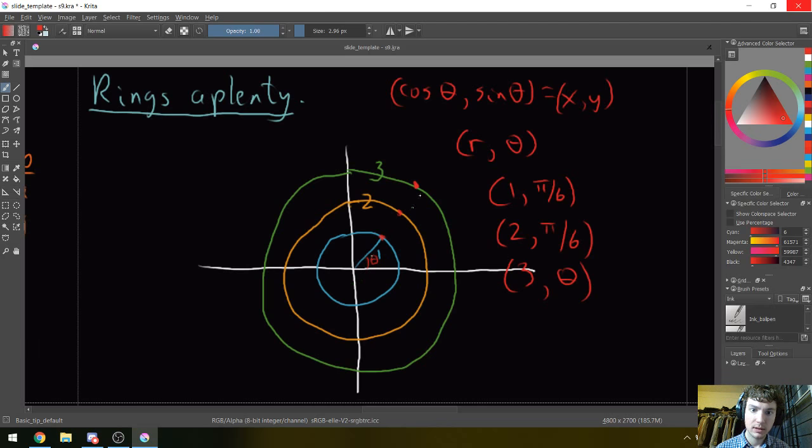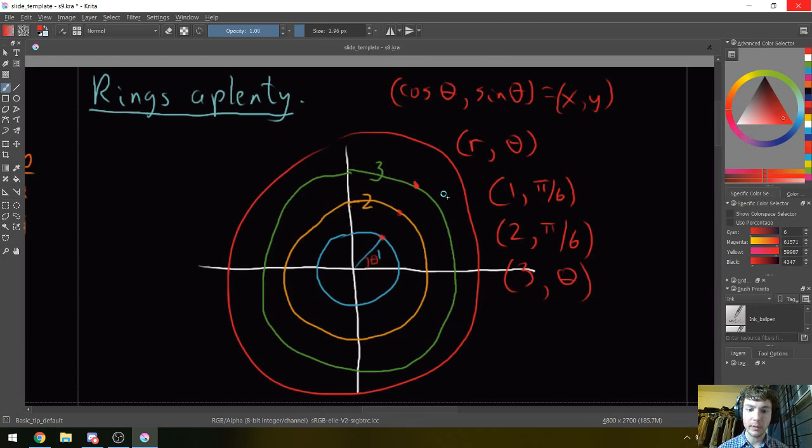Now I'd like you to imagine, instead of just 3 circles, we have infinitely many circles, right? So you could give me a circle of any radius, and then tell me an angle on that circle. So what set of points can I now uniquely describe if I give you any radius and any angle?